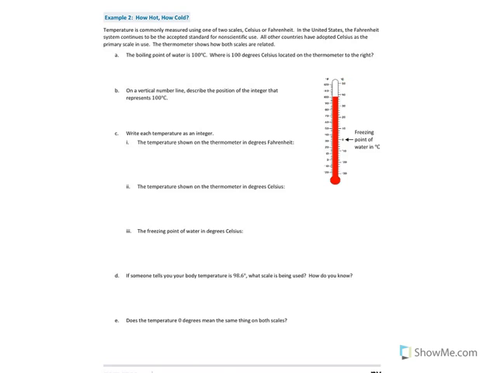So last week we already talked about this. The boiling point of water is 100 degrees Celsius. Where is 100 degrees Celsius located on the thermometer on the right? Last week I talked about the fact that it's actually not there on Celsius. Celsius would be this side. And if you look, the highest number in Celsius is 50 degrees.